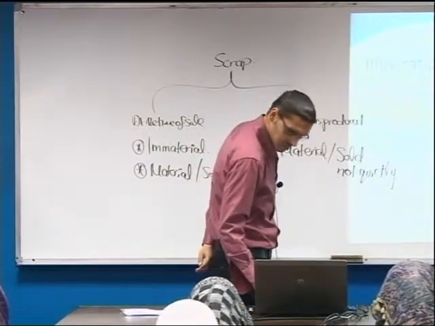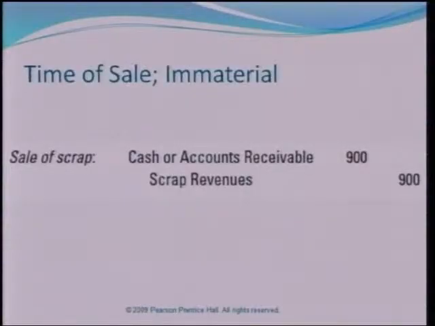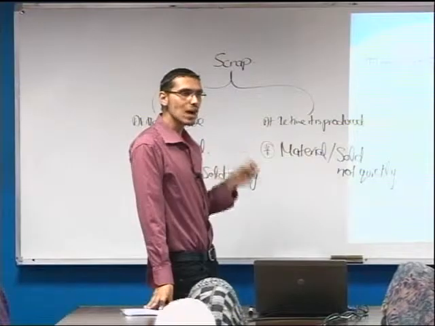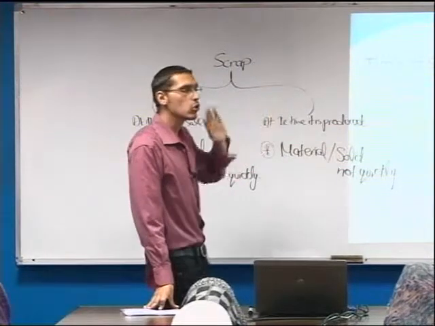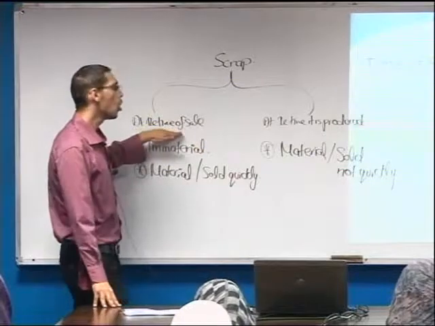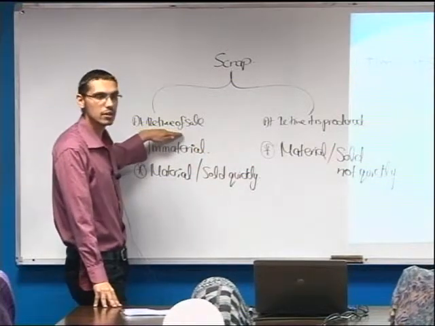So let us consider the first method. Let us say the scrap is immaterial. If it is immaterial, of course, we are going to recognize the scrap at the time of sale.